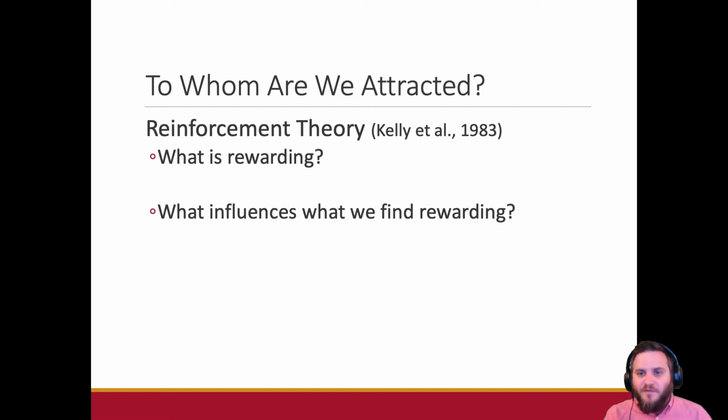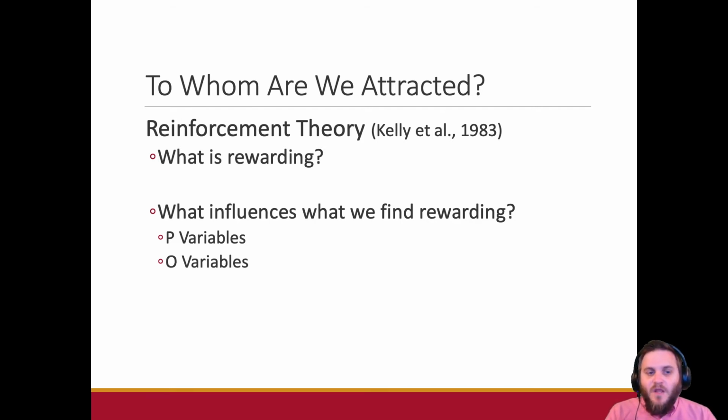Okay, so what influences what we find rewarding? Well, I said the P variables, so that's you. P stands for perceiver, but we're just going to say that's you, and I'm going to say you a lot for these slides. O is for the other, so your potential partner and things about them.